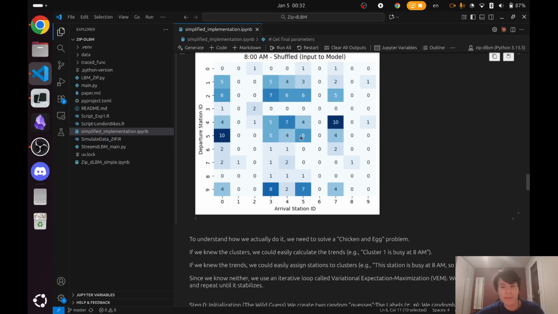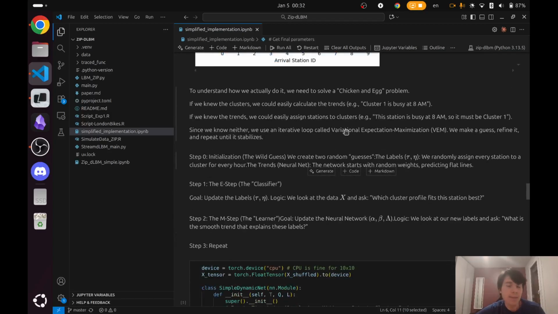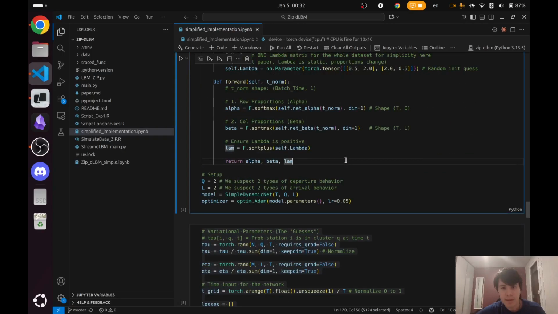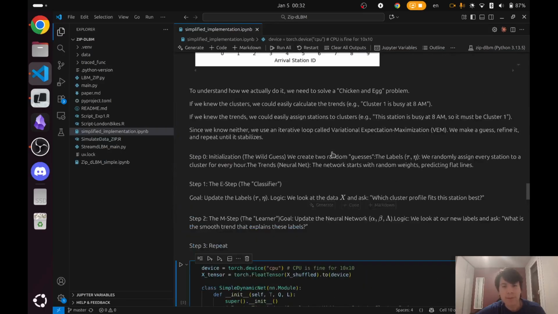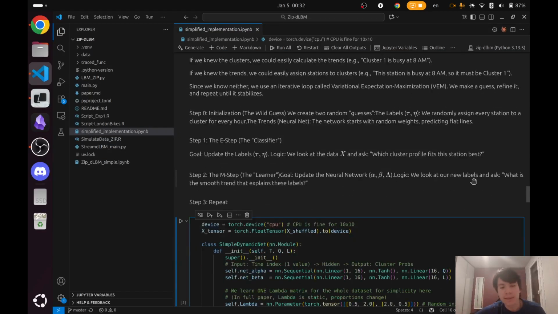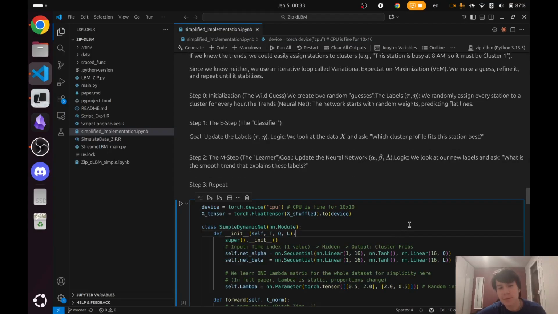So what we do is basically follow some sort of algorithm, which is essentially 3 steps. First, they initialize. Okay, I'm gonna explain what they do. So basically, it has 2 main components. One component is the neural network, which estimates the dynamical modeling of the clusters through time.